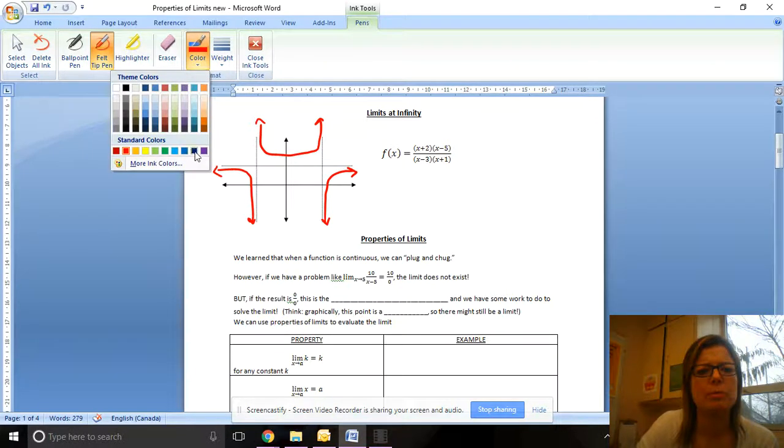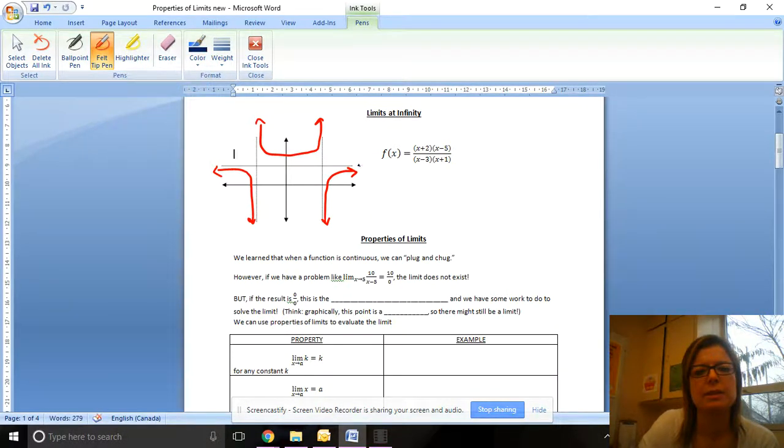So let's say that this horizontal asymptote is at y equals 1, because you can see that this rational function has the same degree on the top and the bottom. So it will be the ratio of the leading coefficients, which we can see is 1. So that would be our horizontal asymptote. And we can also see we have a vertical asymptote at 3 and another vertical asymptote at -1.